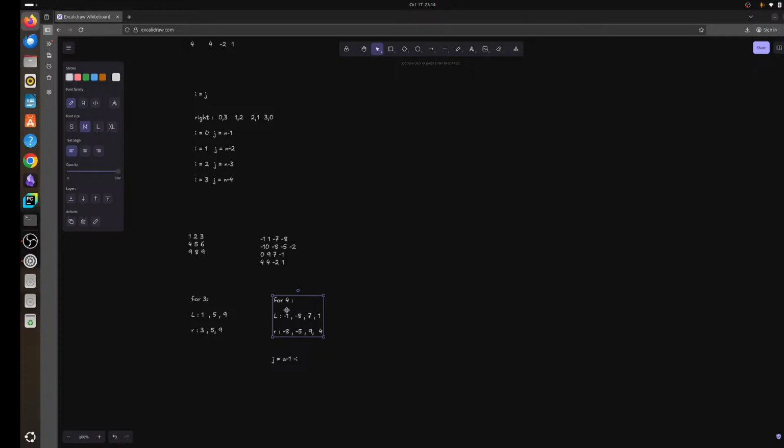When I was able to find that for a 4 by 4 matrix, yes, both the elements will be good, then I found this formula that i equals 0 and this will travel like this: j equals n minus 1, i equals 1, j equals n minus 2. Then I found the formula. We can consider that j equals n minus 1 minus i. When i is 0, it will be n minus 1. When i equals 1, n minus 2 by default will happen. So like that we can continue.